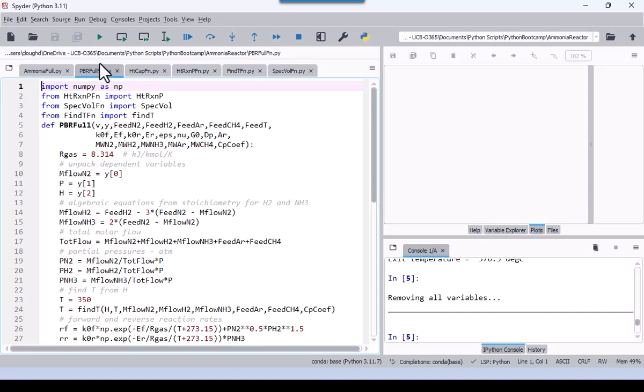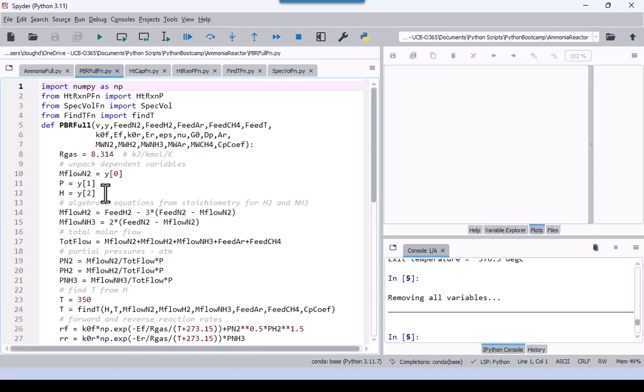So here, what you'll notice is that first we unpack the first two Y's, the nitrogen and the pressure, from integrating the Ergun equation. But then we have a third Y, which is the enthalpy, and that remains constant.